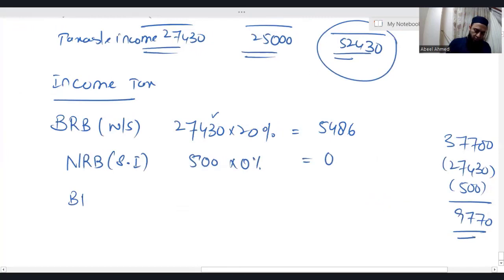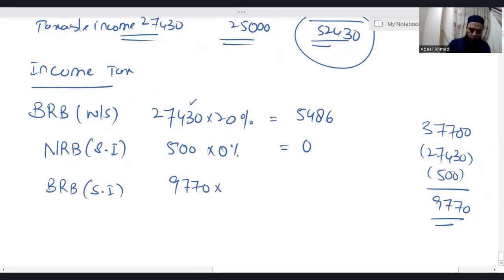Still in the basic rate band, we have a limit of 9,770. So basic rate band, saving income, we still have a space of 9,770. Applicable tax rate is 20%, giving 1,954. Now let us see how much of the saving income falls in the higher rate band, where the applicable tax rate is 40%.